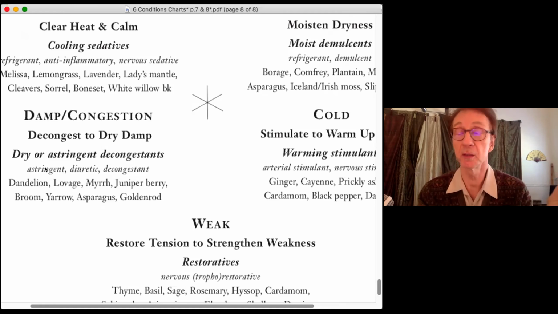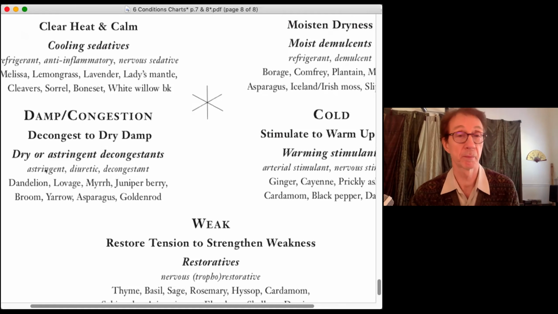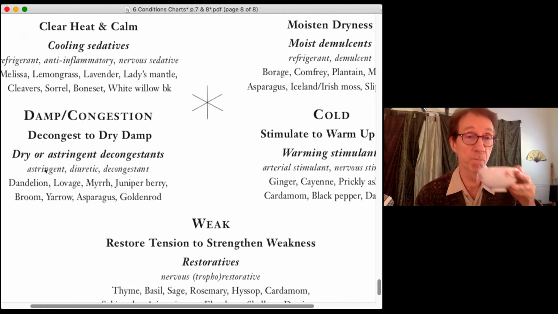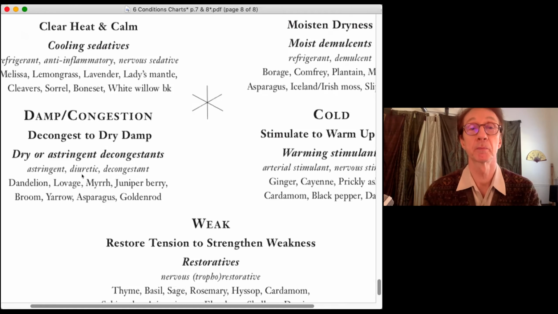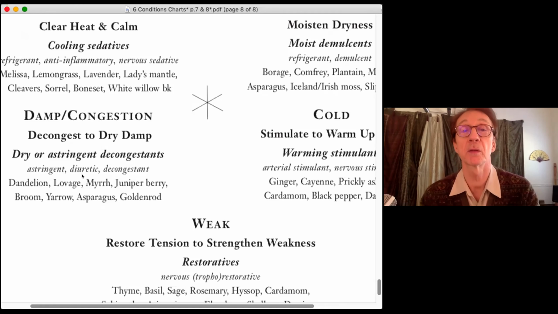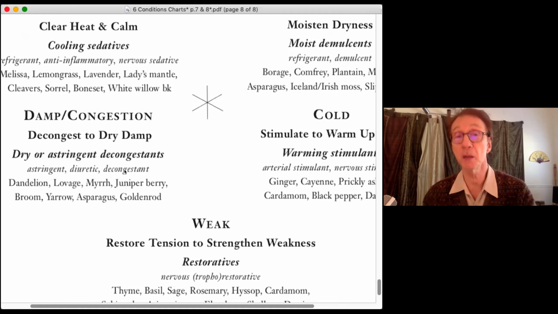Whether it's lymphatic, pelvic, blood, venous circulation, whatever, the veins. Most of them are diuretic as well, and decongestant. Decongestant is the umbrella term, but we also have particular decongestants.